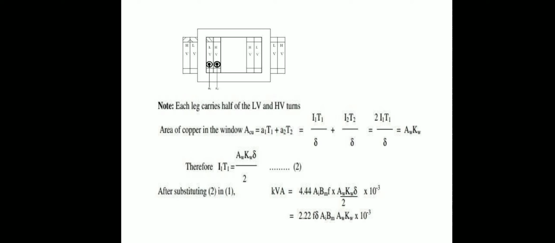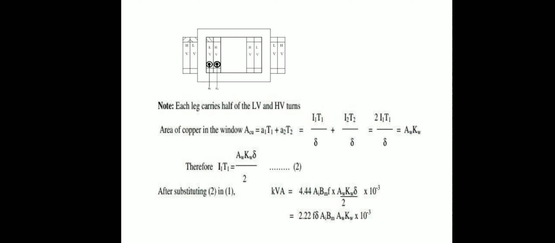That can be also written as I1 T1 upon delta plus I2 T2 by delta is equal to twice of I1 T1 upon delta, that is AW KW. Therefore, I1 T1 is equal to AW KW delta by 2. Call it equation number 2.